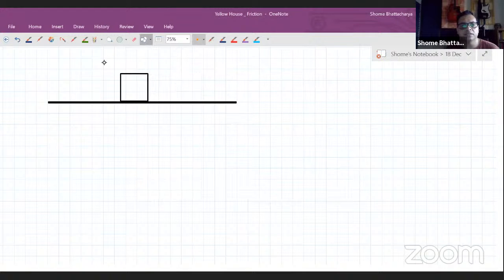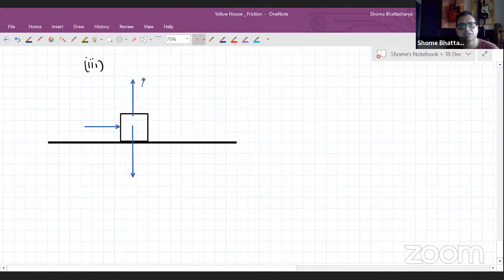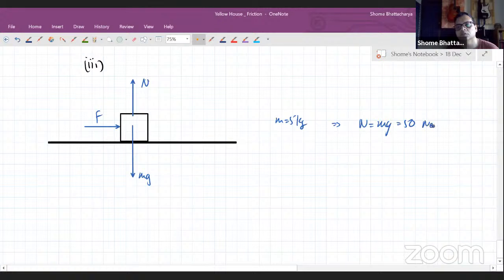In spite of applying the horizontal external force F, my normal reaction is going to remain affected only by the weight of the body, which is obviously a fixed value. So my normal reaction will always be equal to 50 newtons, because m was 5 kg. It doesn't matter what force I apply, the normal reaction will be equal to the weight, which will be 50 newtons.